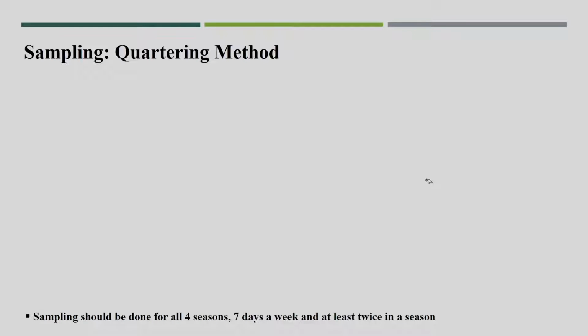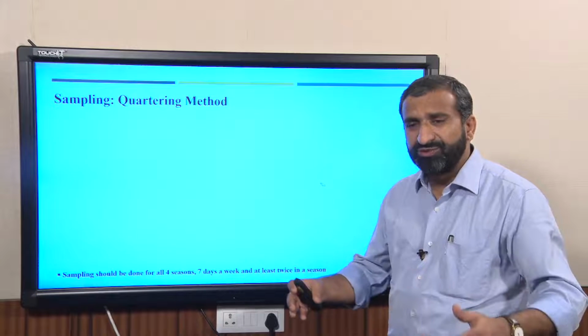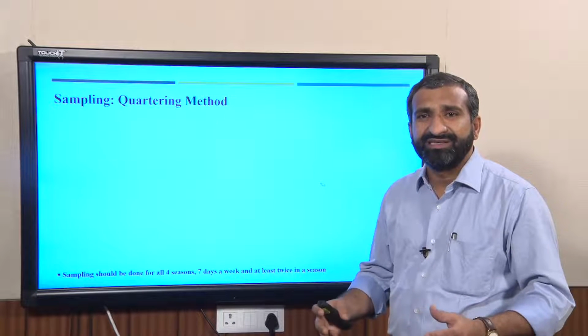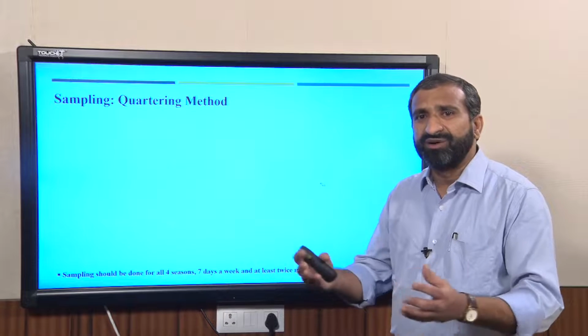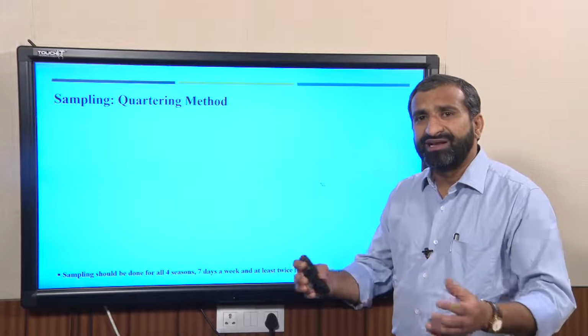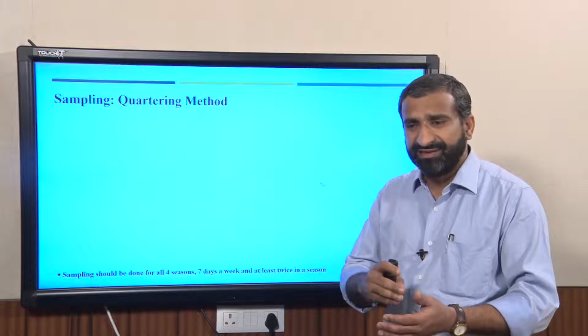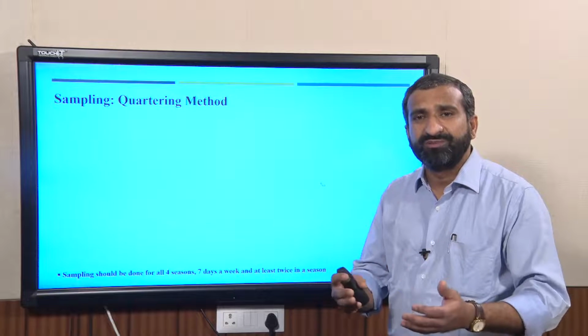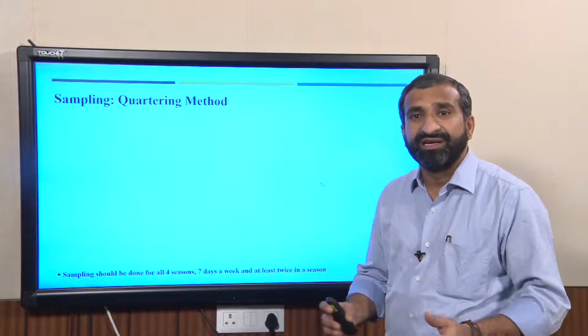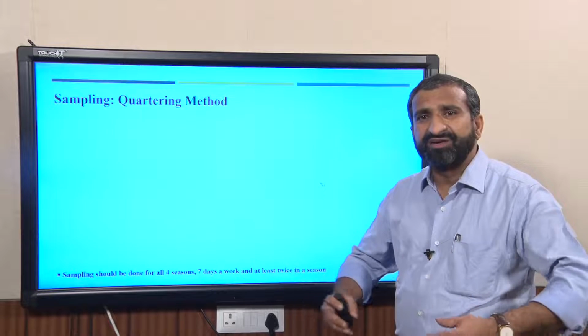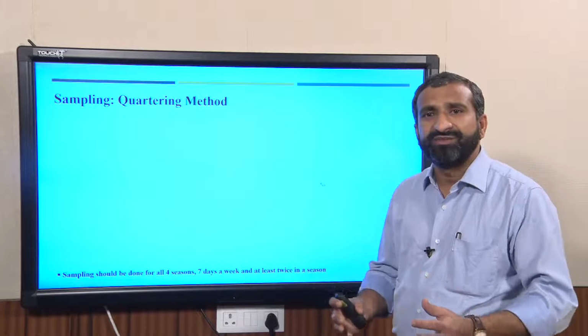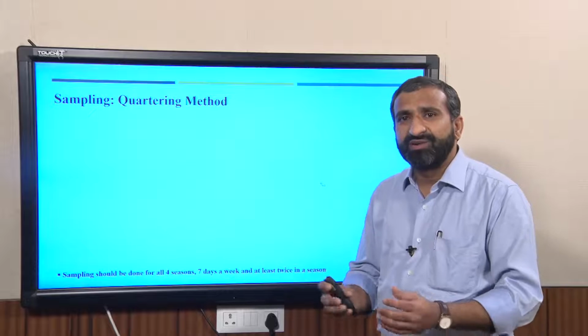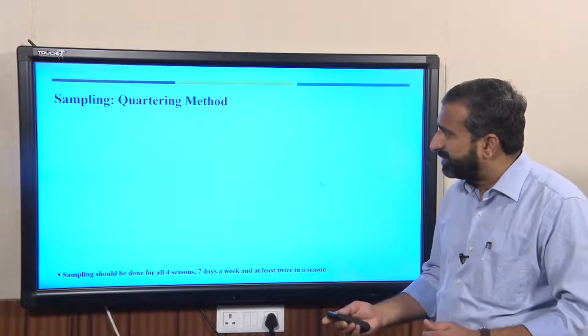If you want to do a characterization study for a city, you locate the different locations, and the entire area is segregated into high income group, low income group and commercial areas. These different locations can be identified, and in those locations you collect the waste.